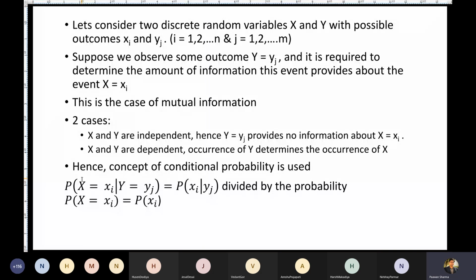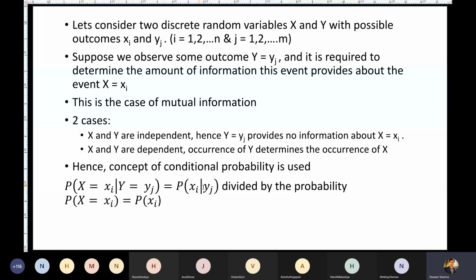You have to understand it like this: probability of occurrence of event capital X as Xi, or in simpler words, probability of a value Xi given value of Yj. This will be given to you and you are supposed to find the probability of this value.